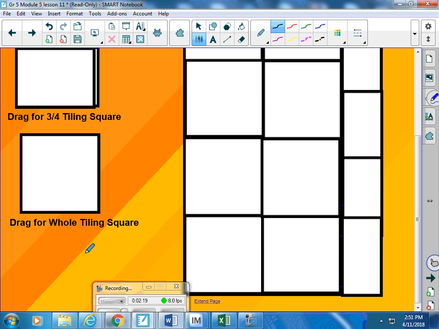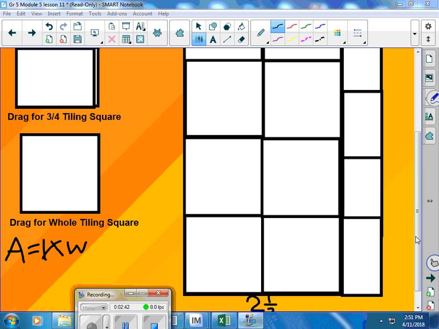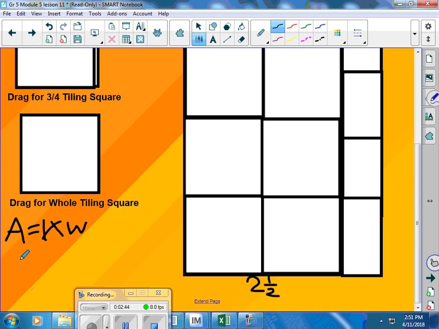So down here, if I'm looking for my formula of area equals length times width, then here my length is 2 and 1/2. Okay, so I've got that started already. So I'm going to put that here, 2 and 1/2.